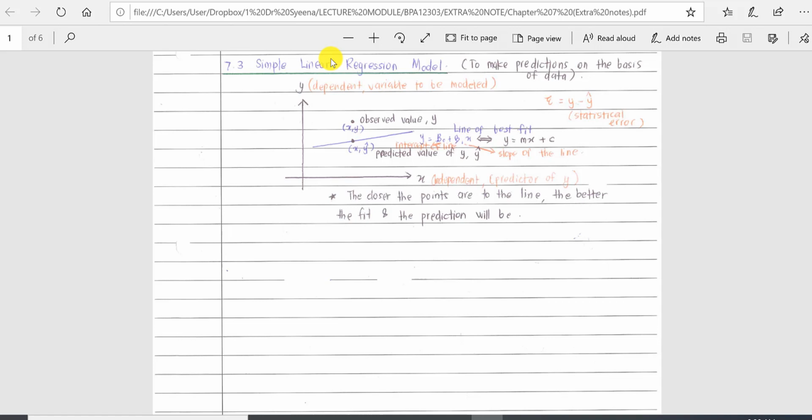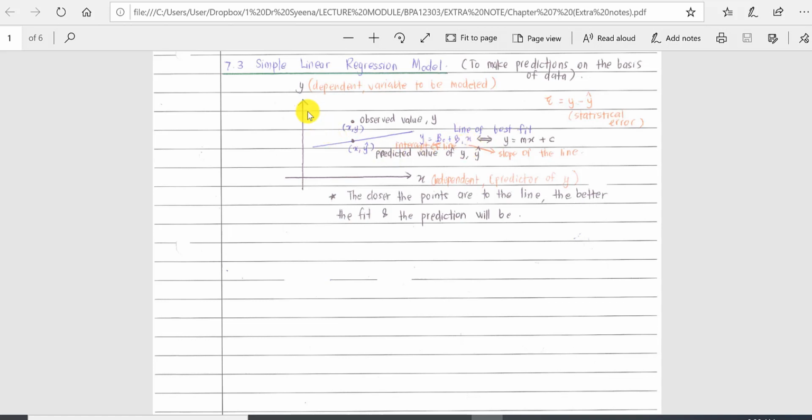So you already learned the linear equation y is equal to mx plus c, in which m is the slope or gradient of the line and c is the intercept of the line. But in this chapter, we are going to use beta naught plus beta one x.